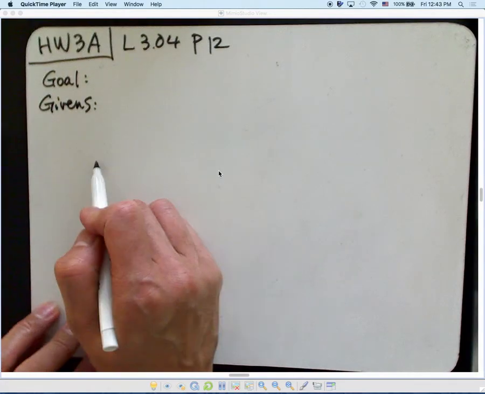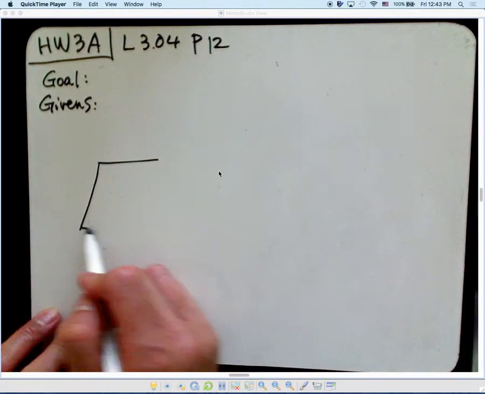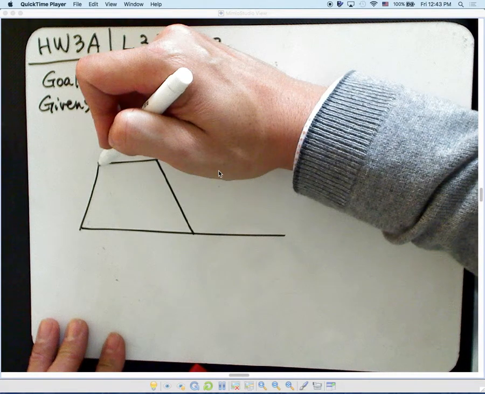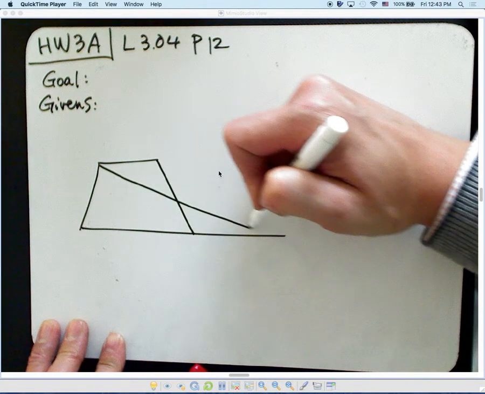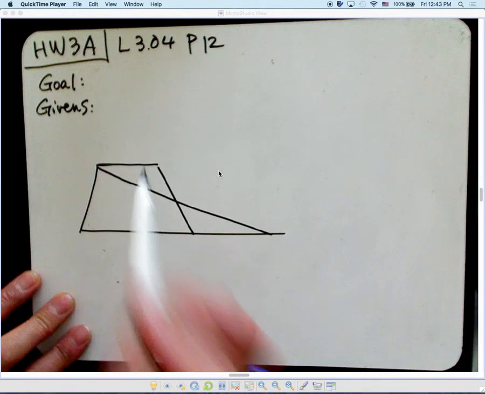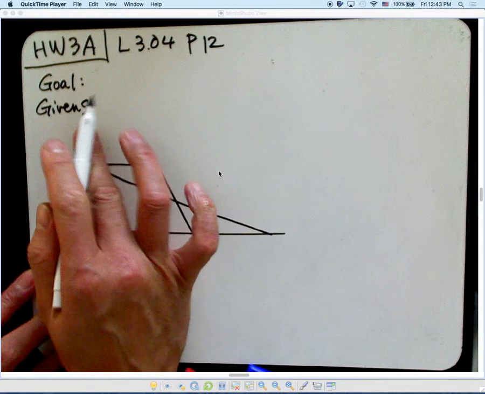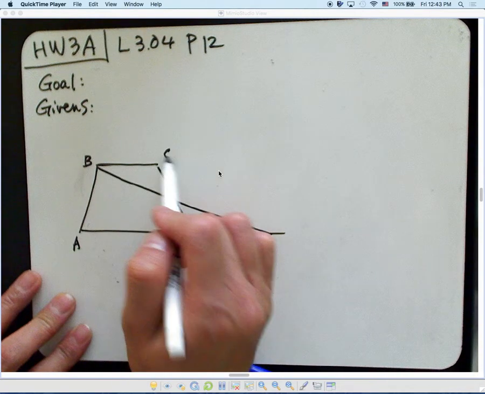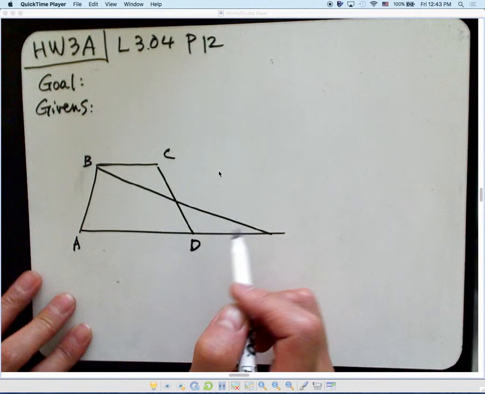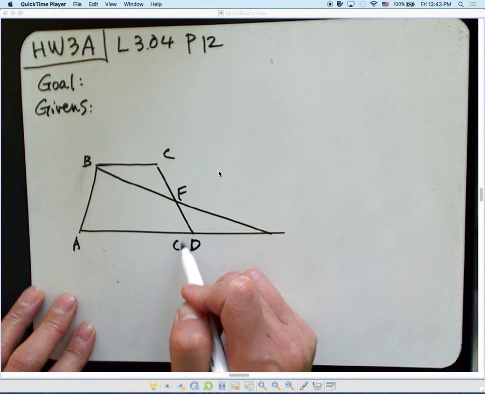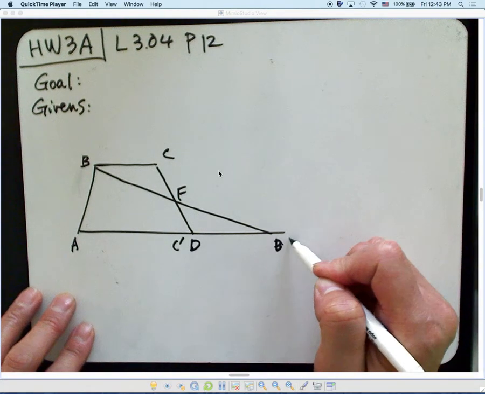So you've got something like this, and you have something like this. Sorry, this is a trapezoid, so it should be parallel. This is not A. This is A, B, C, D. Now you've got F here, and it says C prime and B prime.